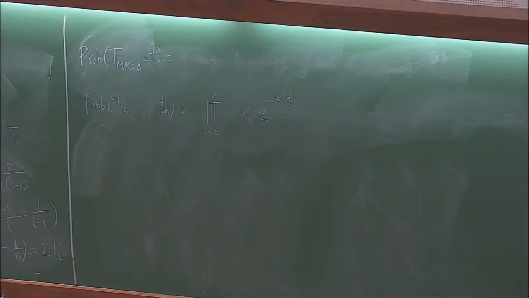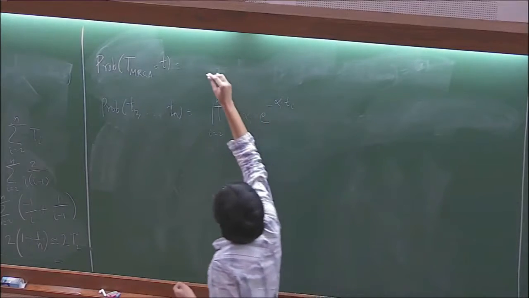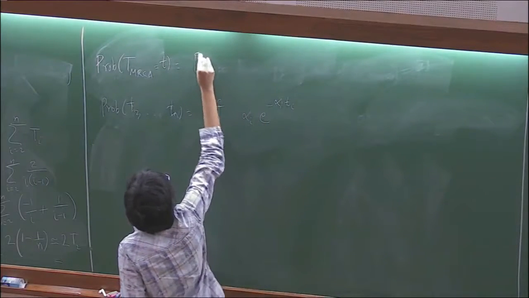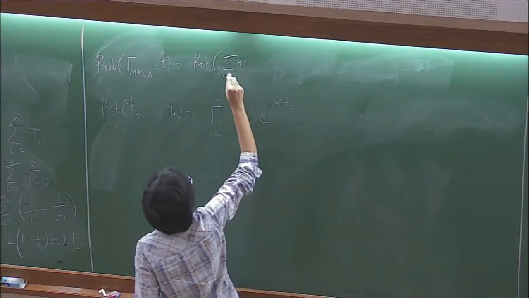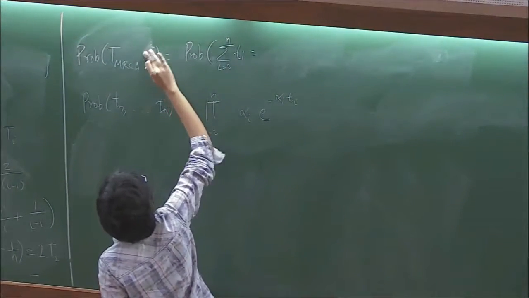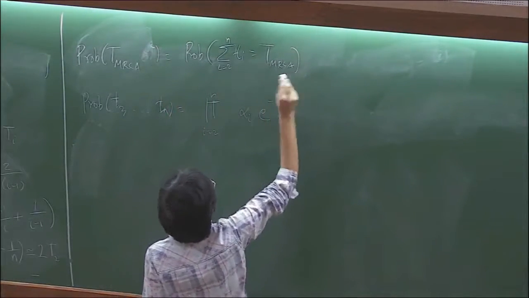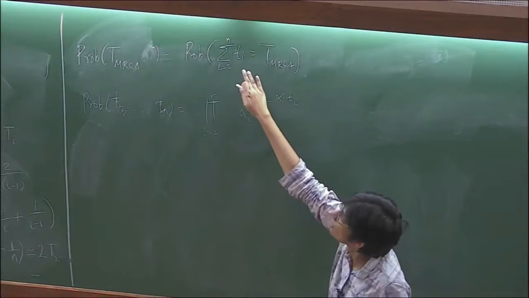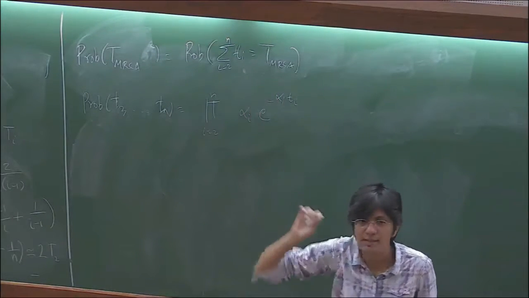Does this remind you of something that you've done in your very basic courses? How would you go about doing this? Right, the central limit theorem will come. What should I write down here? Can you say? Guys, fifth row, can you say something?